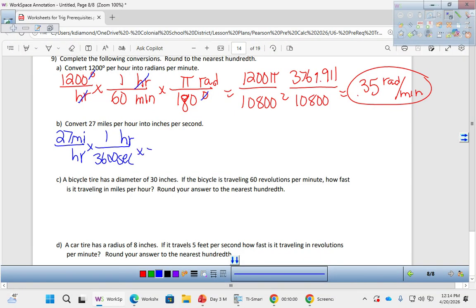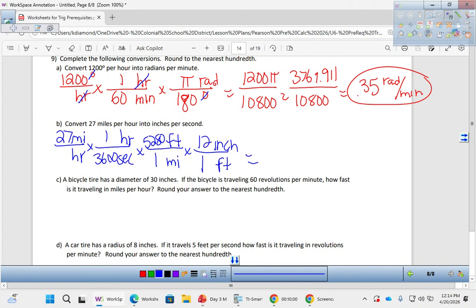And then I want miles to go away. I don't know how many inches are in a mile, but I do know how many feet are in a mile. So 1 mile is 5,280 feet. And then I can make the feet go in the opposite place and change to inches. So I know that 1 foot is 12 inches.